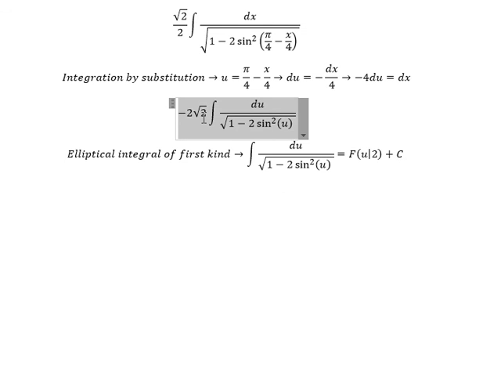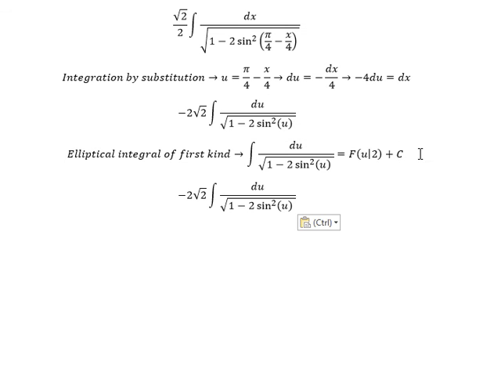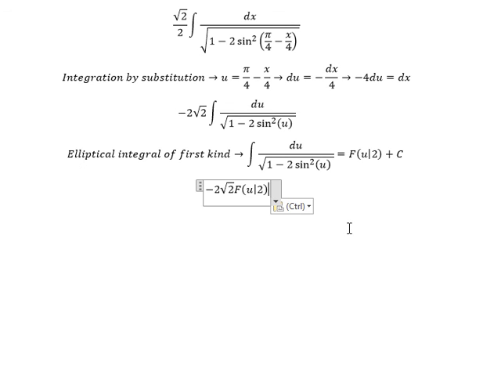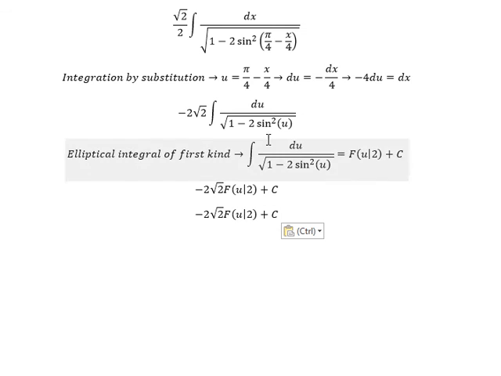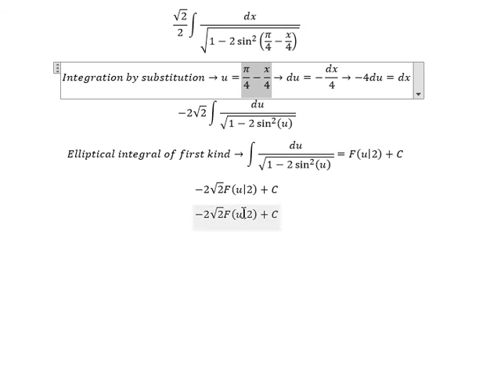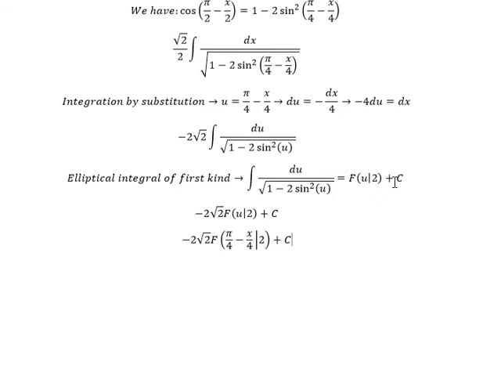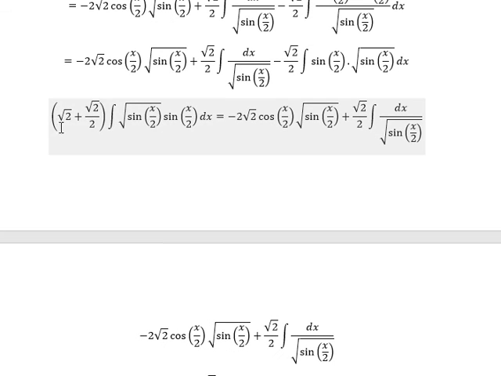So in this situation, we just change this one in here, and C is a constant. About u, we need to change back for this one. And now we can compile the answer.